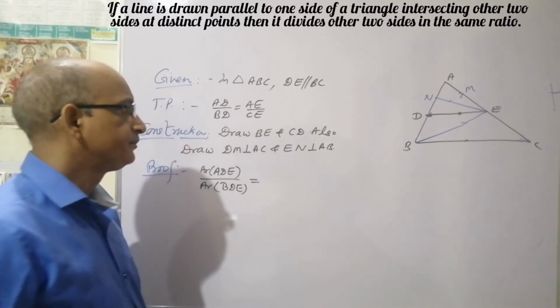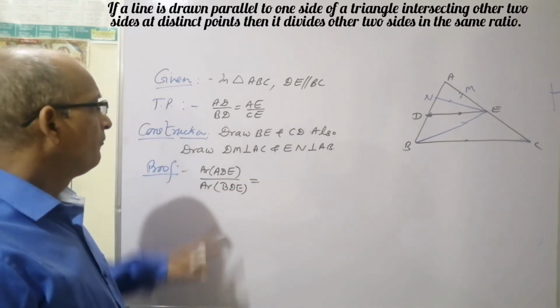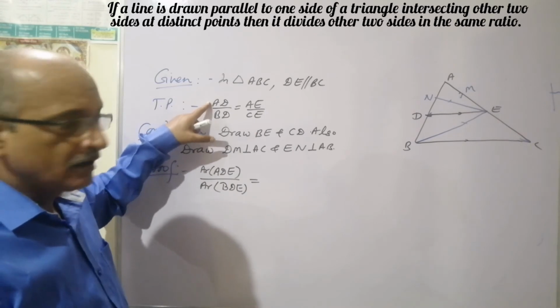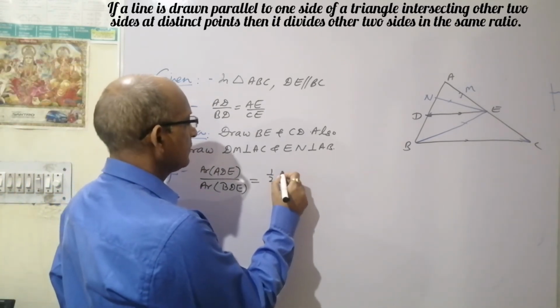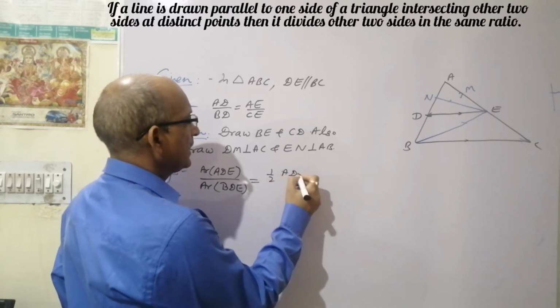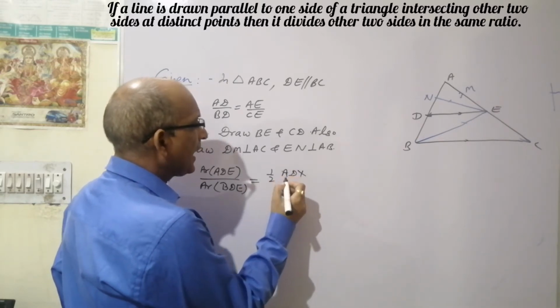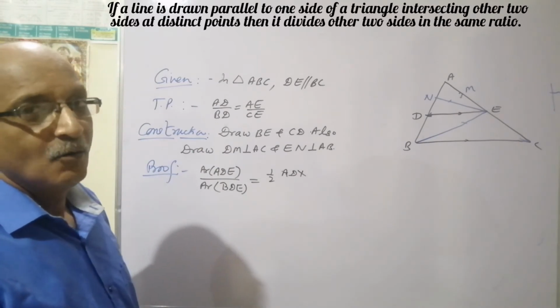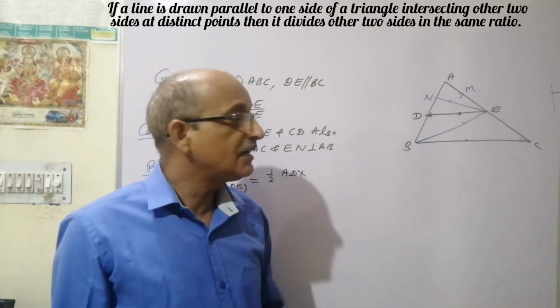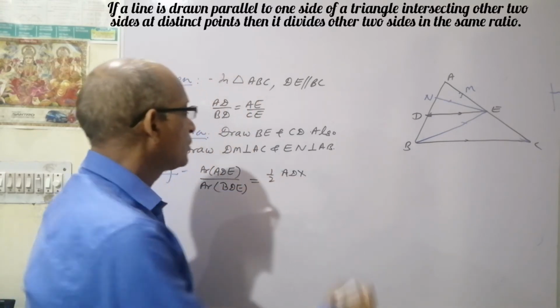That is equal to, very clear, half into AD into what is the height corresponding to base AD? That is EN, into EN.